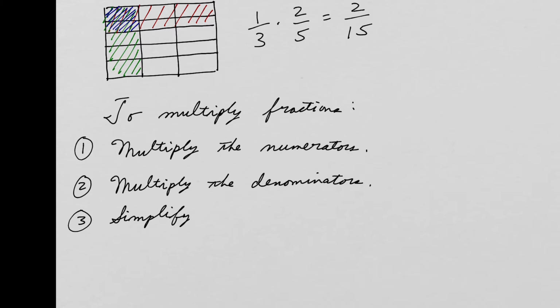I also want to mention that often we will simplify first by canceling any common factors and then multiply. You can do it either way. You could simplify at the end, but often it's quicker and easier if you simplify first. So let me write that as a 4th point.